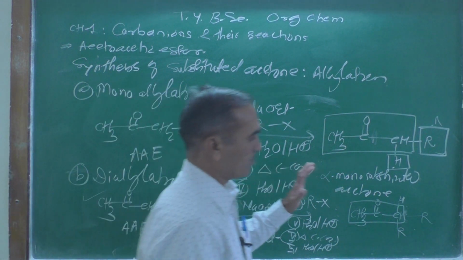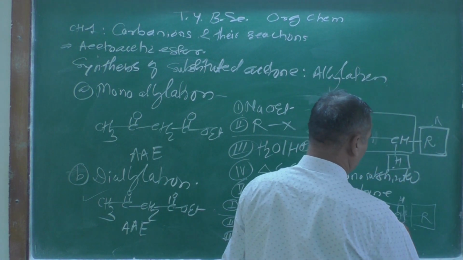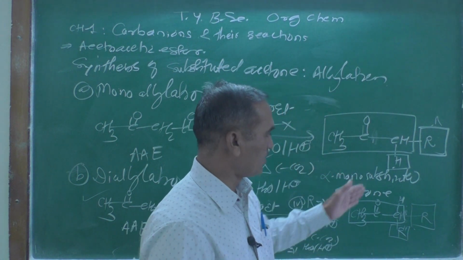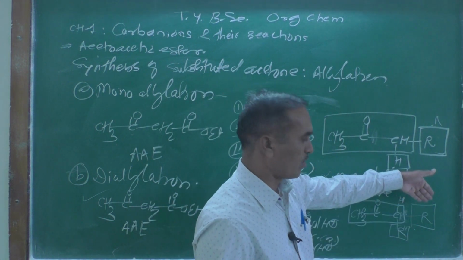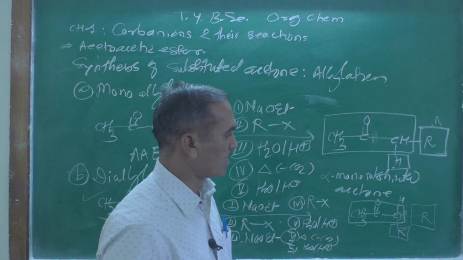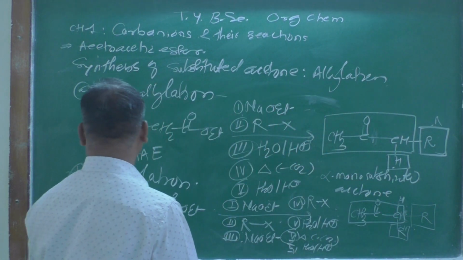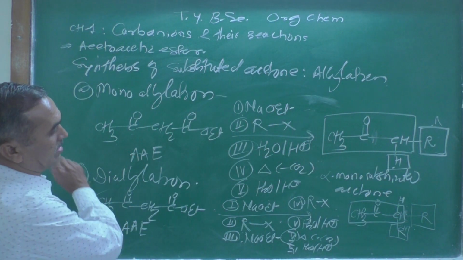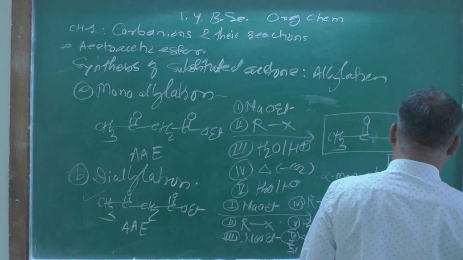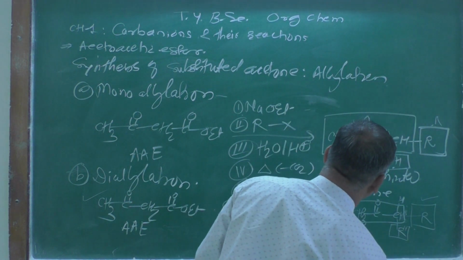This part is coming from that, and now one of the R, to distinguish between these two R, one you can call just R and second will be R with a double dash or single dash, means there is a double alkylation, and that's why I am mentioning here dialkylation.